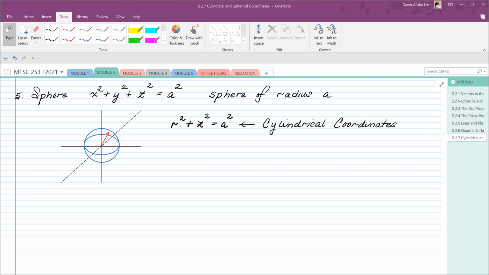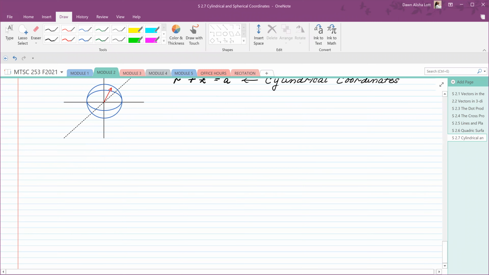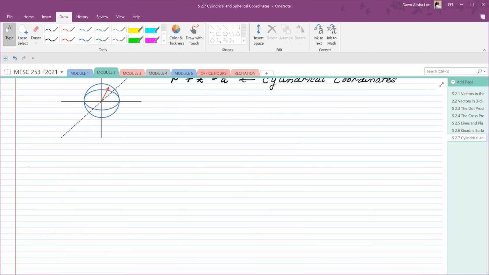So now we want to look at what we call spherical coordinates.